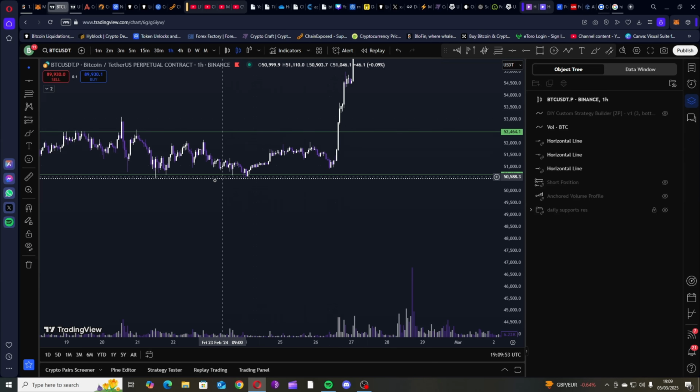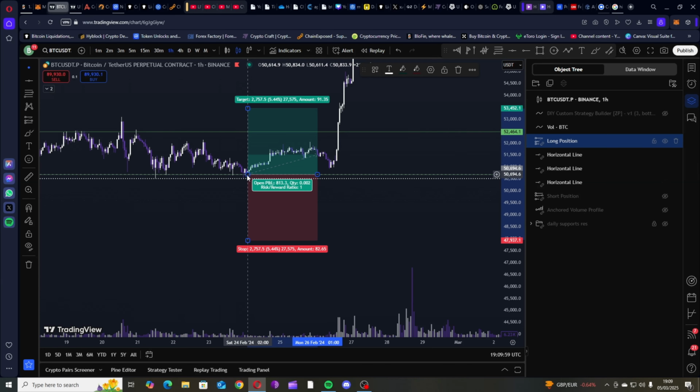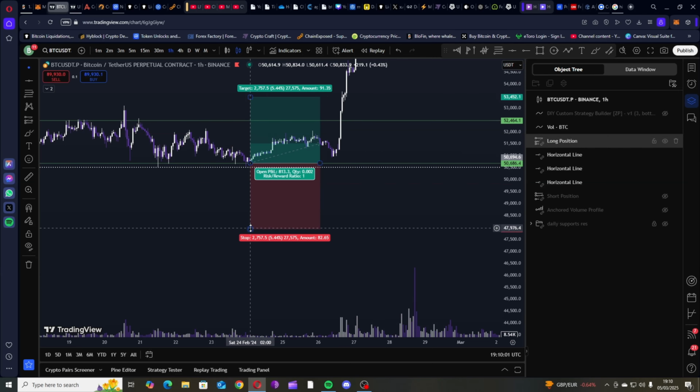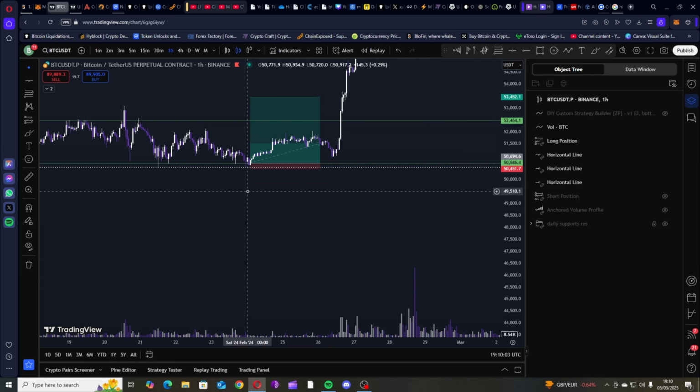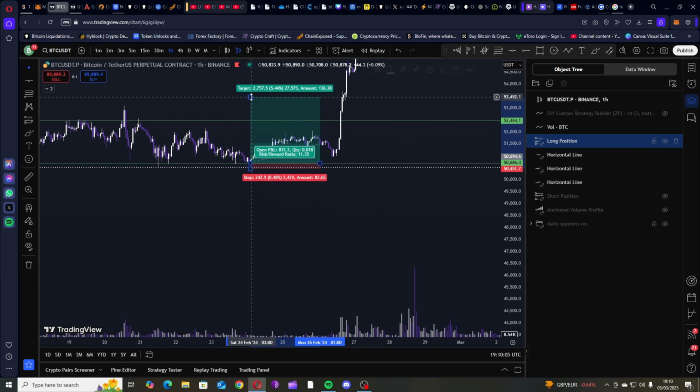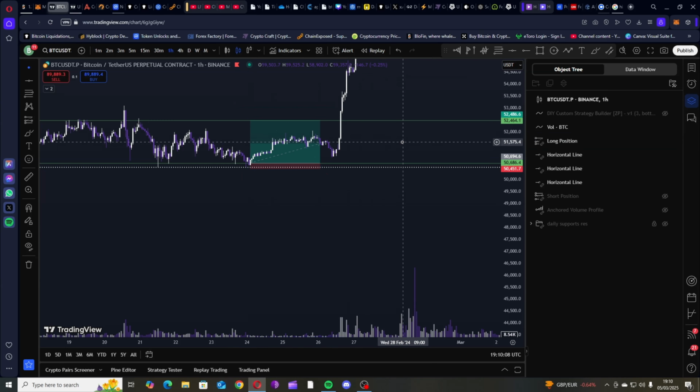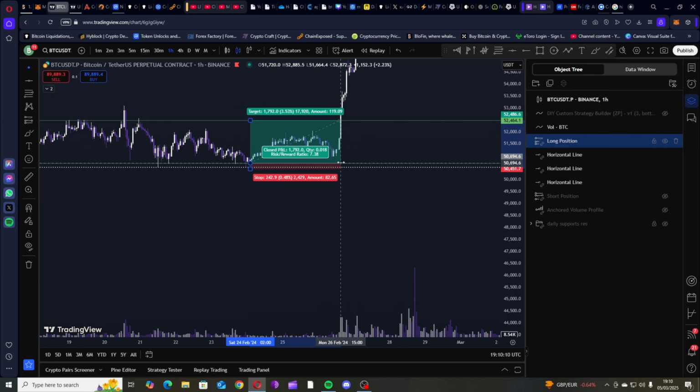But if you took a long again when it came down to this range low here, and your stop's below that wick, and this fires through, that's your risk to reward, a 7 to 3.8. This fires through the way it did.